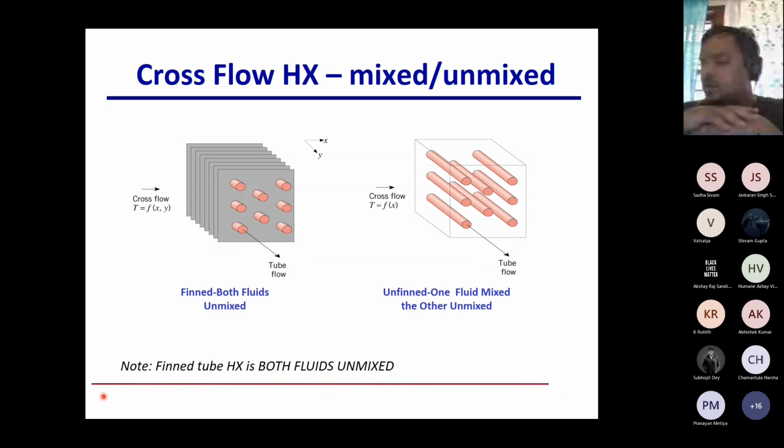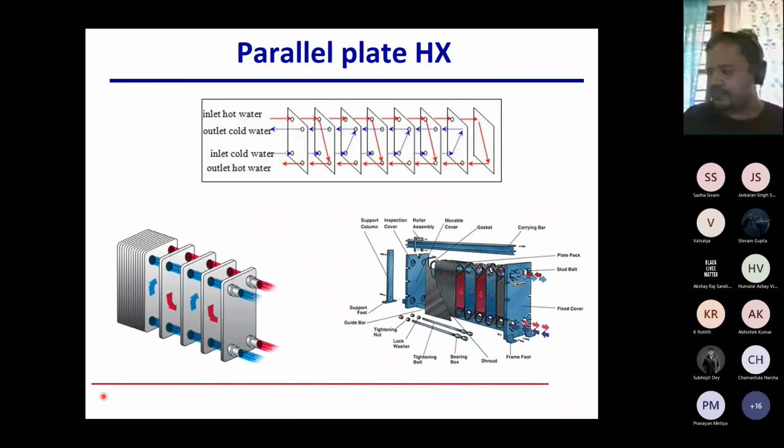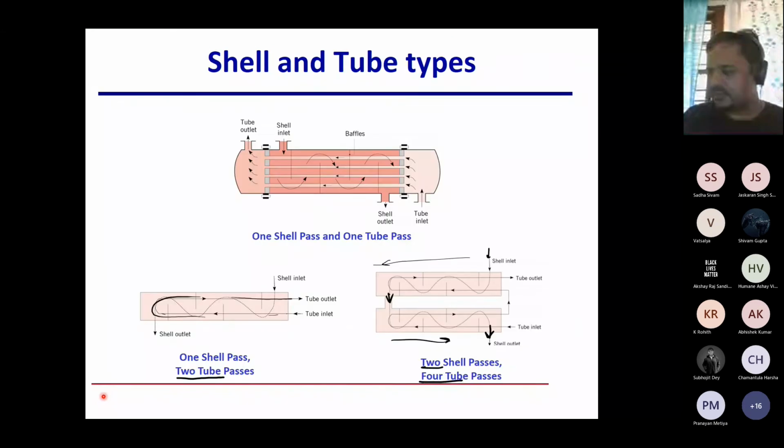The last thing I would like to talk about is something called a cross flow. You can understand that the hot and cold fluids are flowing at right angles. In the pictures before, they were both flowing in the same direction, left to right or right to left.